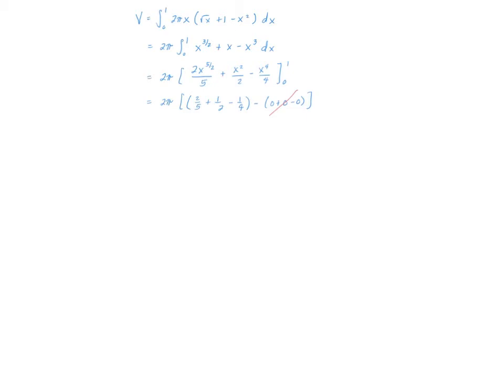Now when we compute inside the bracket, it should be 13 over 20. So this is 2 pi times 13 over 20. And then our final answer will be 13 pi over 10 once we reduce our fraction. Right, so that's our shell method.